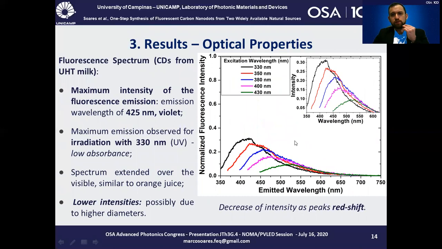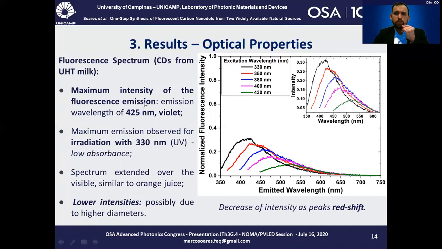We also characterized the UHT milk fluorescence, and apparently the shape of the curves is very similar, but as you can see, there's a great decrease of intensity. We could observe it because the two samples were characterized simultaneously in the same equipment.